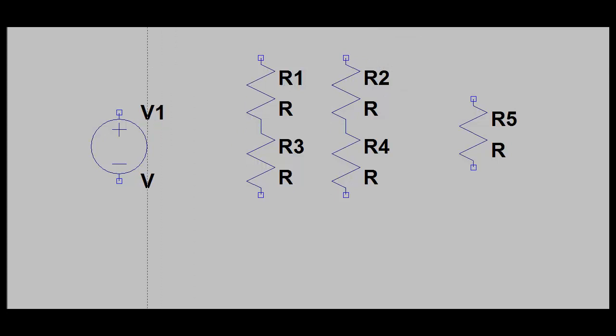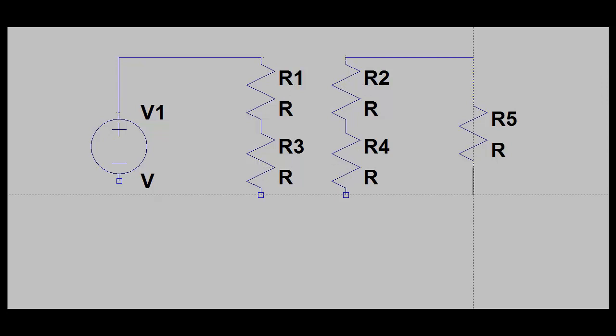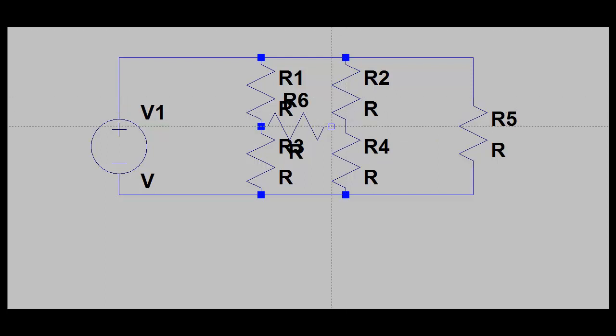Then we'll tie them all together here. And then there's one more resistor that goes across this point. And we have to finish the wire here.